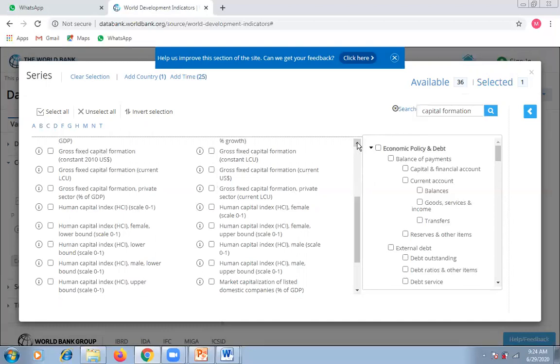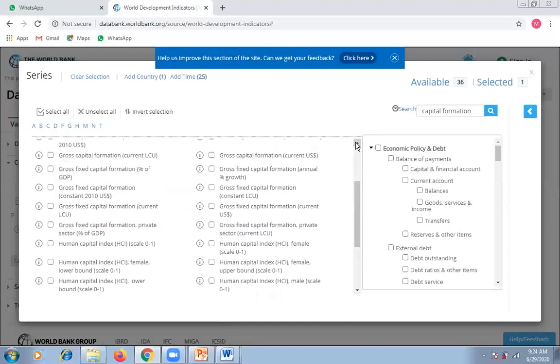Current US dollar, constant US dollar, or annual percentage growth. Annual percentage growth is okay because you have taken percentage growth of GDP. So same, you also take gross fixed capital formation, annual percentage growth, this one.